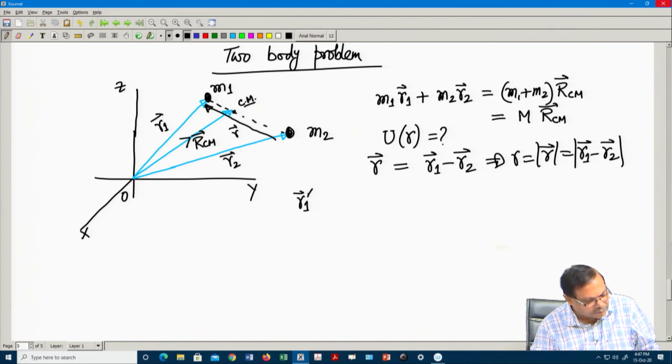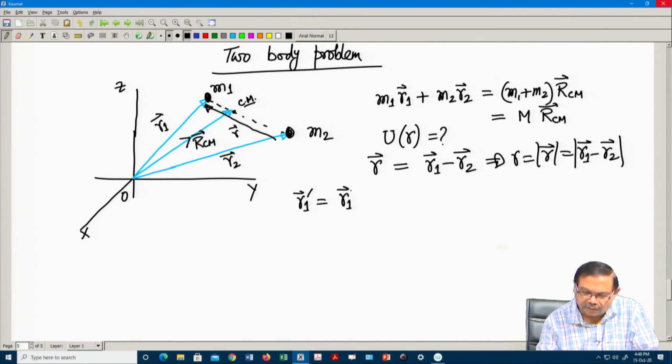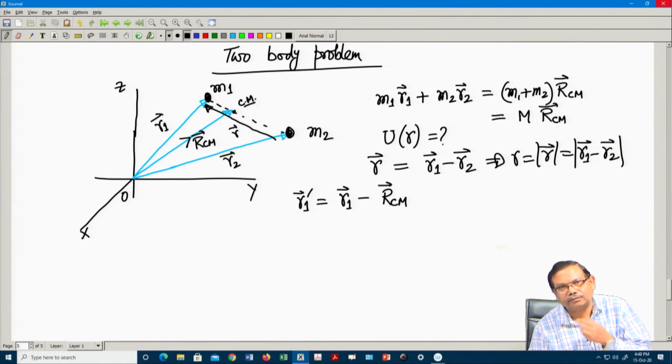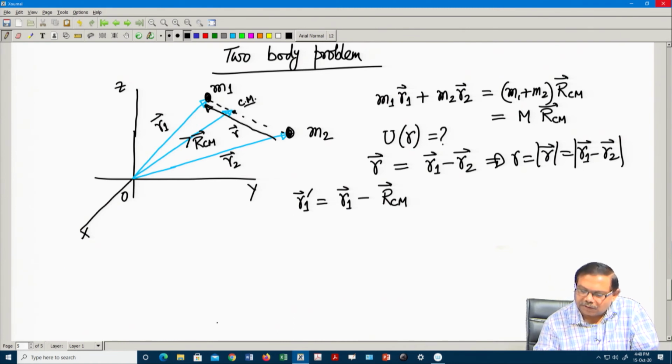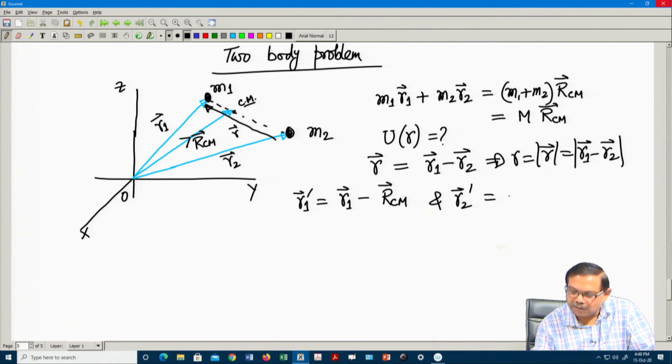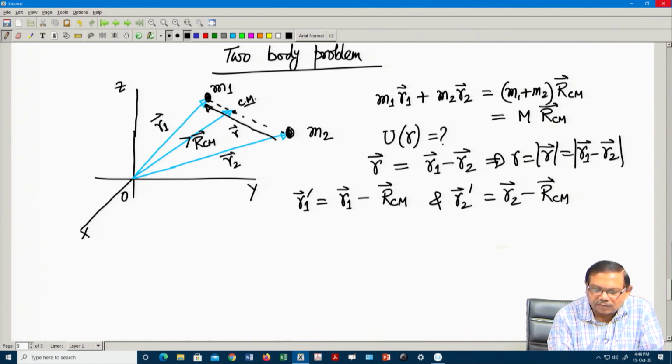Okay. So, we will define it as r1 prime. So, r1 prime is r1 minus rCM. Similarly, r2 prime is r2 minus rCM. So, r1 prime is from the center of mass.